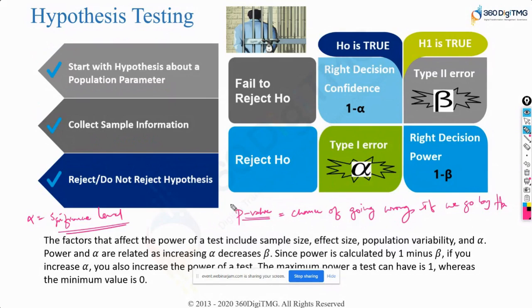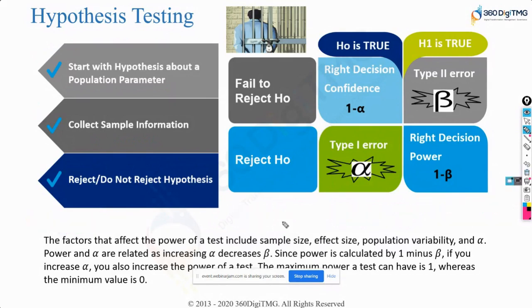So we are comparing these two, and we say if your p-value is more than what is accepted, that basically means that if you're conducting the experiment here, you have more chance of going wrong, so better go with the null hypothesis only.